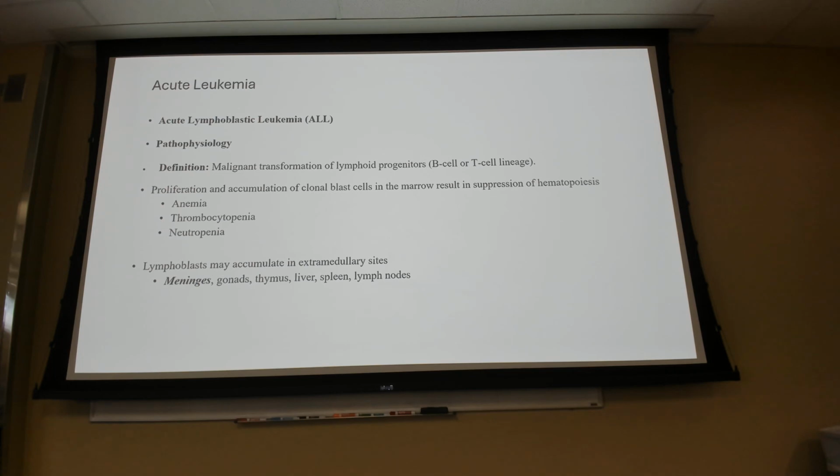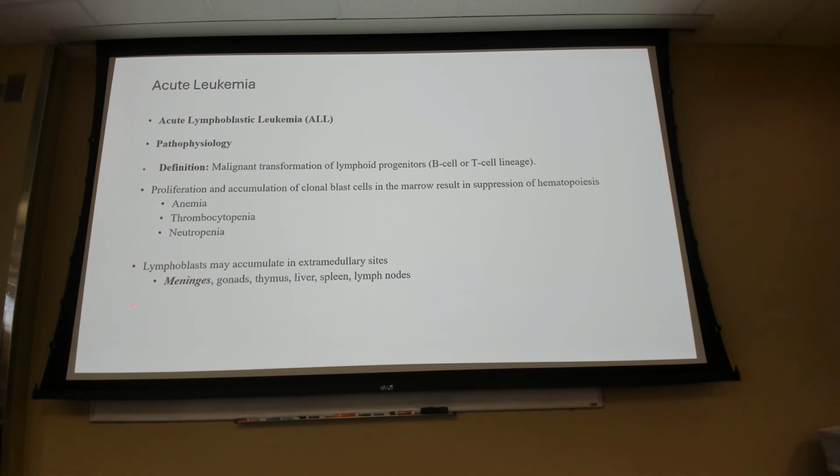All right, so ALL, B cells, T cells. Again, we're talking about the same sort of disease process that we just did with AML, but instead of the myelogenous line, now it's lymphocytes, lymphoid, lymphoblast. Where before I was seeing myeloblasts, now the problem is lymphoblasts.